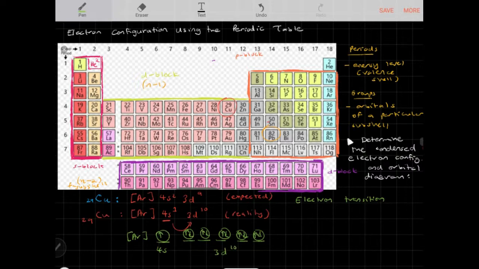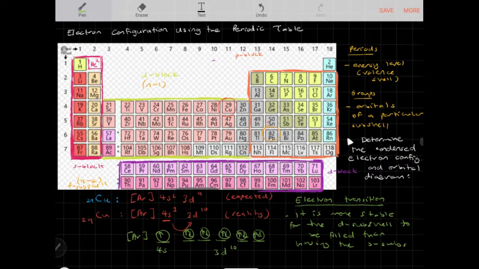Okay, and the reason this electron transition occurs is because it is more stable for the D subshell to be filled than having the S subshell filled.